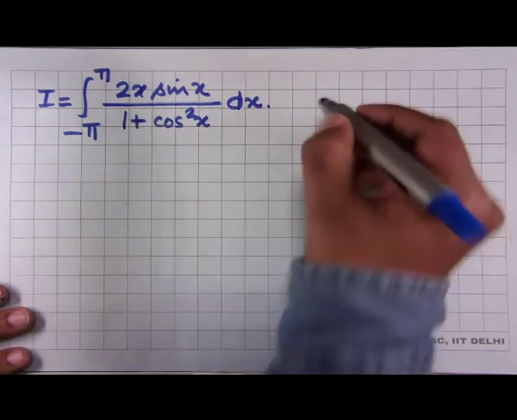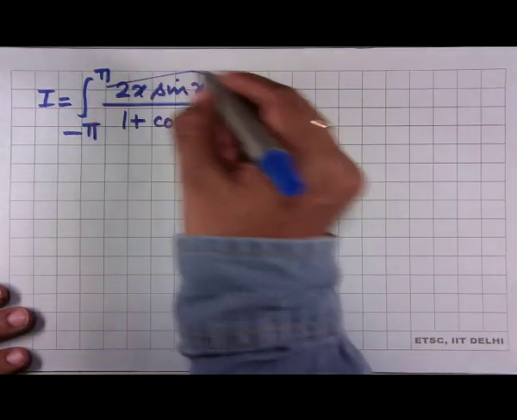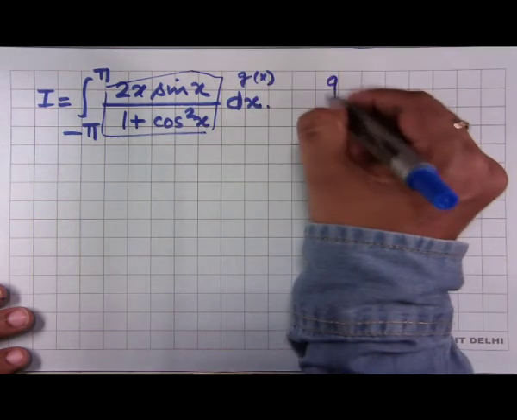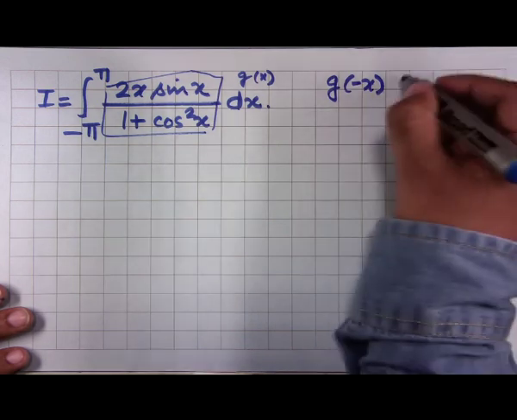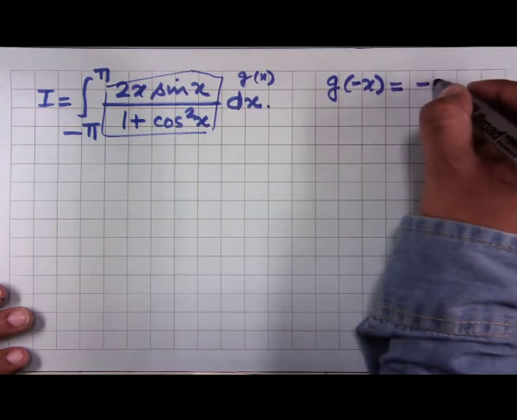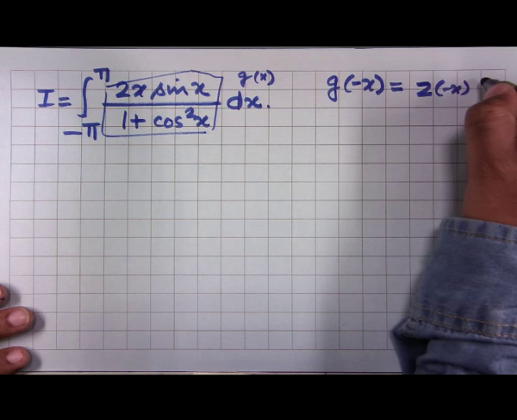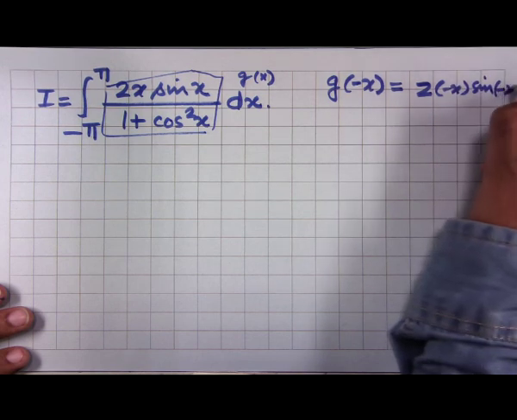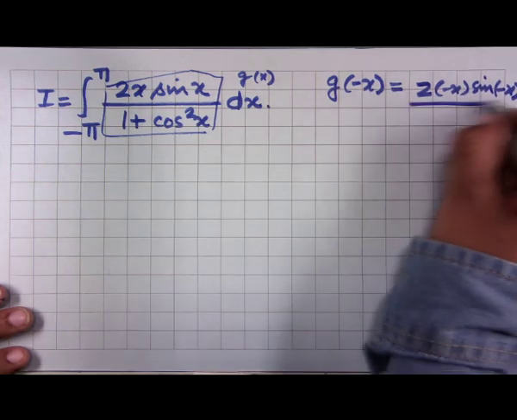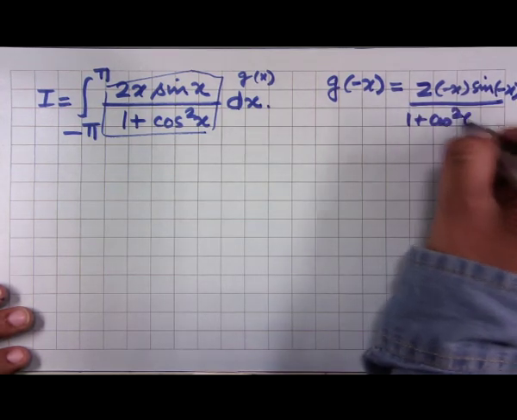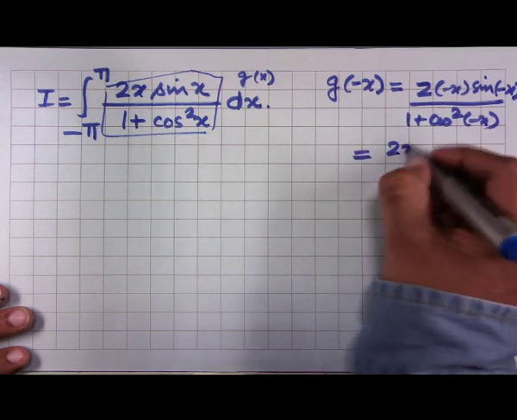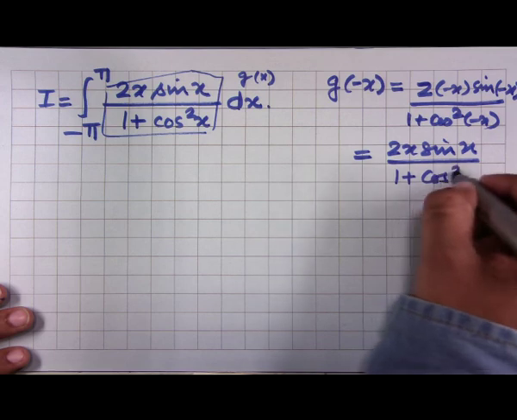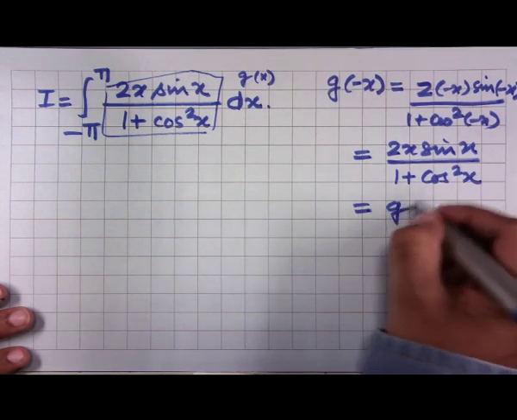Now this, as we said, is gx. Gx is an even function because if you put minus x over here, you get 2 times minus x, sine of minus x, by 1 plus cos square minus x. So you get 2x sin x by 1 plus cos square x, which is your gx.